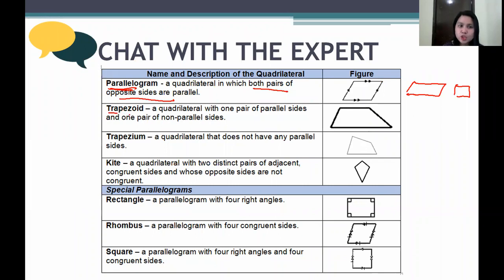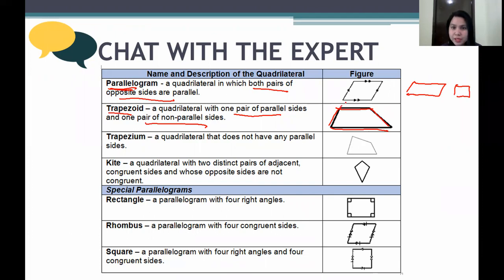Next, in a trapezoid, only one pair is parallel, the other is non-parallel. Example, these two are parallel. They will never meet. We call them the bases. These other two are non-parallel lines. Why?